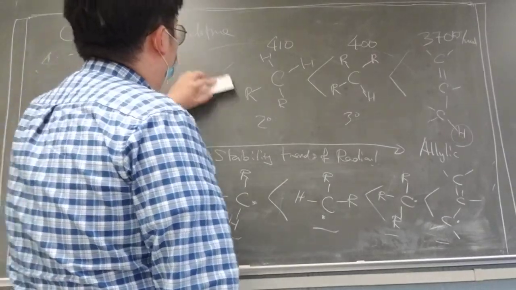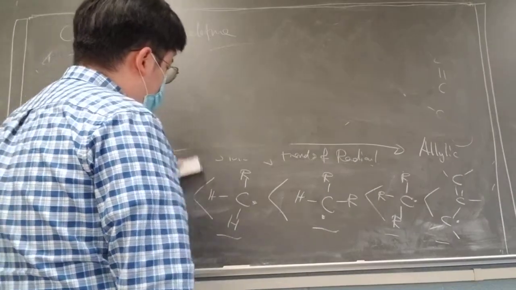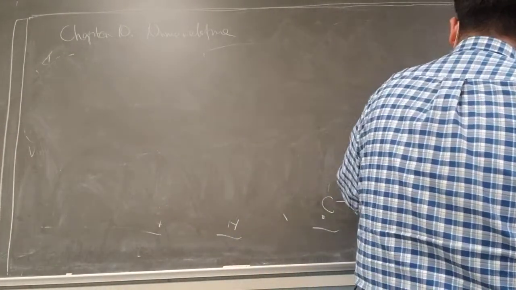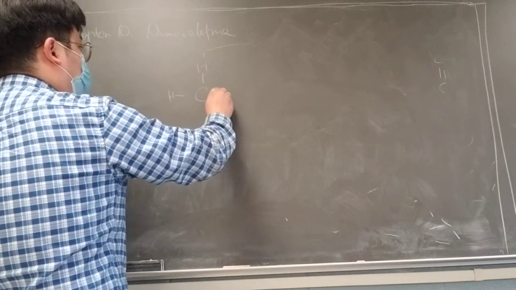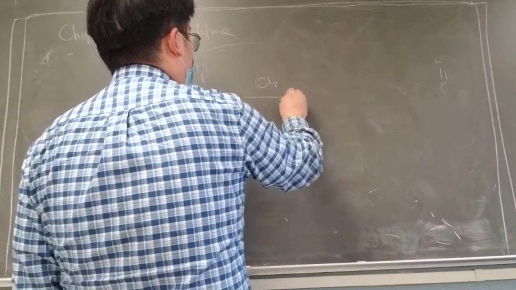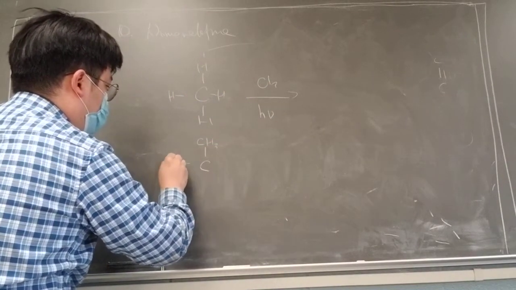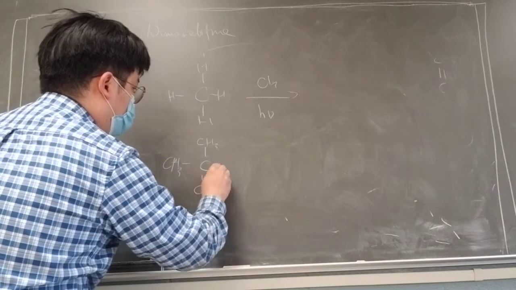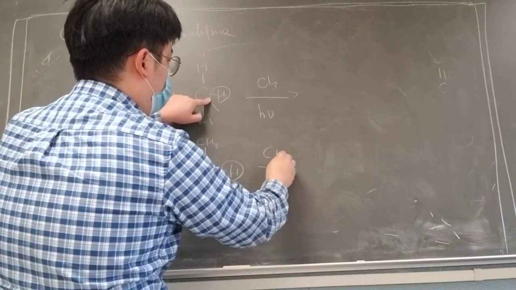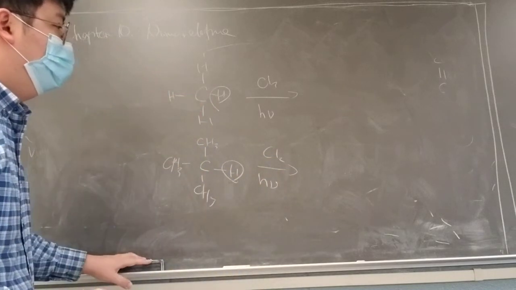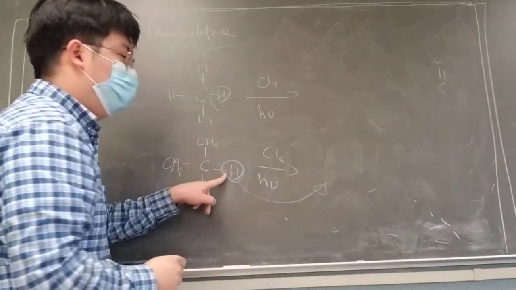So for example, in your exam, if I give you a problem like this one, and particularly this position of the hydrogen, if they do the same halogenation process right here, this one will be much faster for this position.